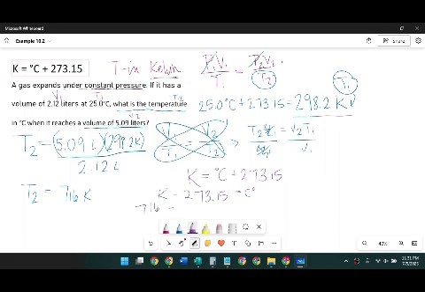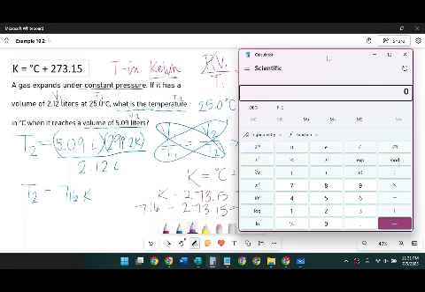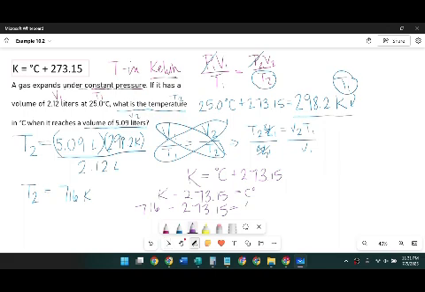So 716 minus 273.15, and because we're adding and subtracting now, we're not counting the number of significant digits. Instead, we are just taking it to the least precise one, which is the ones place here. So that means 443. So this is 443 degrees Celsius. Wow, that's hot.